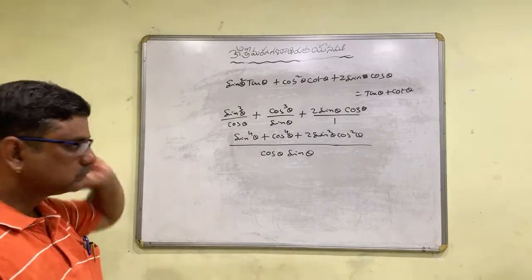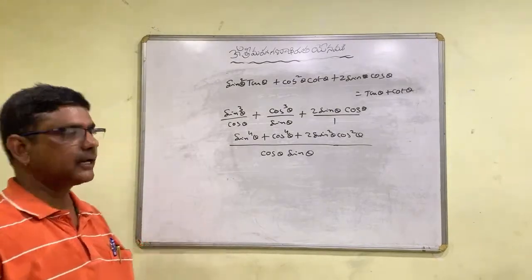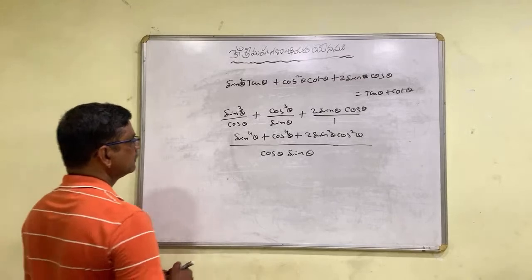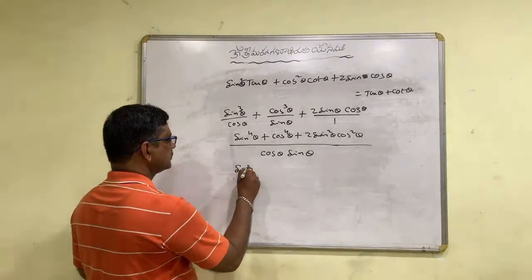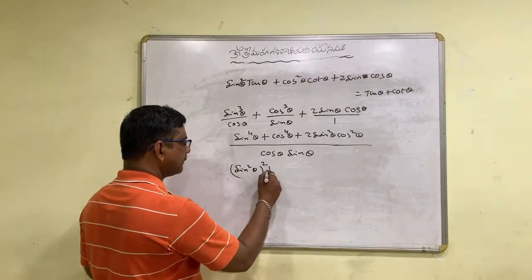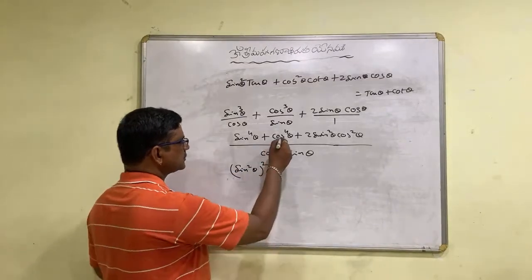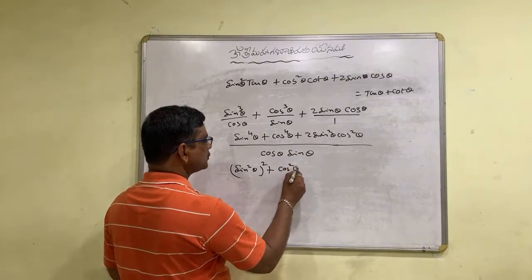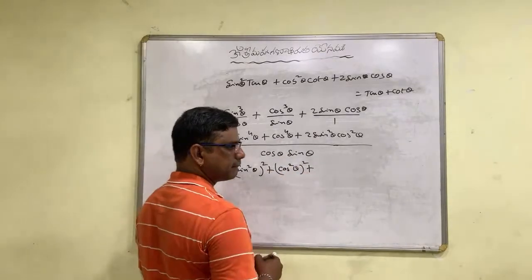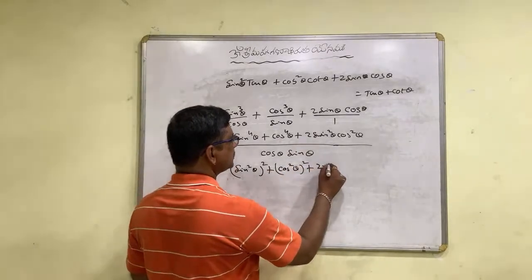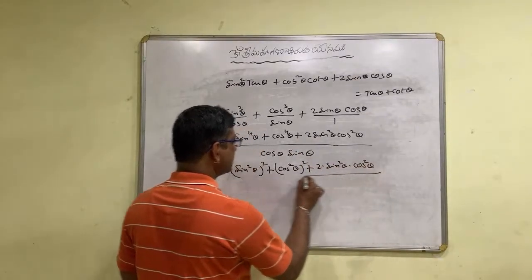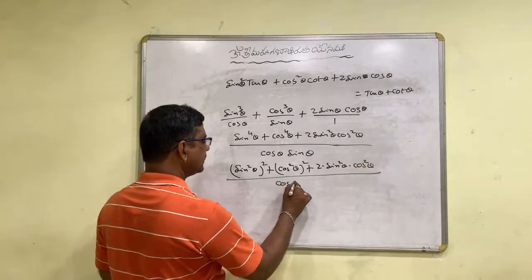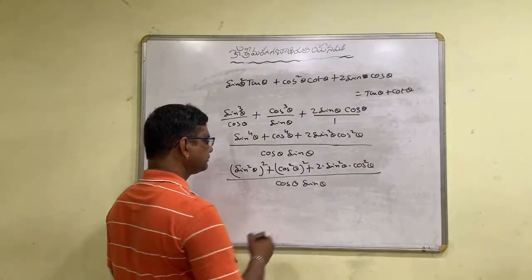So what can we say here? Can I say this is sin square theta whole square, this one cos square theta whole square, and this one 2 into sin square theta into cos square theta, all by cos theta sin theta.